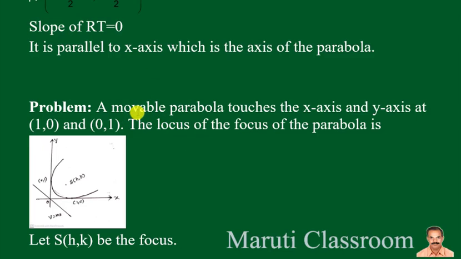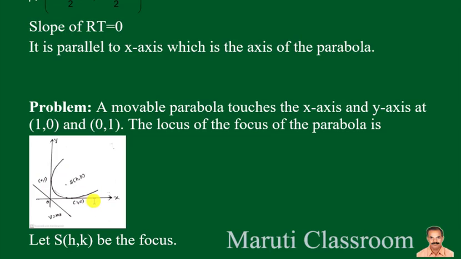Next problem. A variable parabola touches the x-axis and y-axis at (1, 0) and (0, 1). Then the locus of the focus of the parabola is what? The parabola touches the x-axis at (1, 0) and the y-axis at (0, 1). So the x-axis is one tangent, the y-axis is also one tangent.